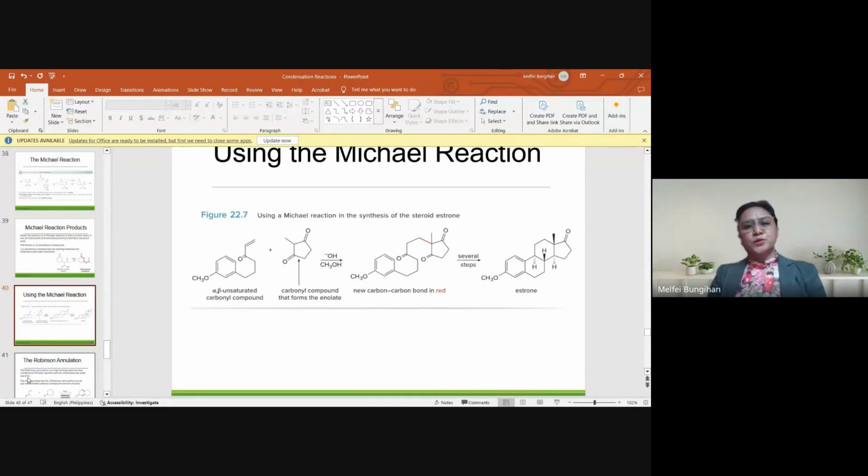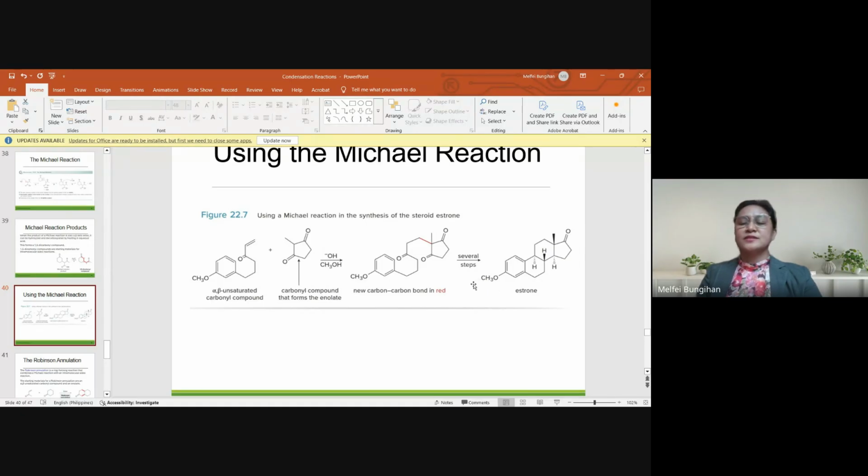Now, where do we use this Michael reaction? First, the synthesis of the steroid estrone. So looking at the molecule now, the estrone, where was the Michael reaction that had happened?